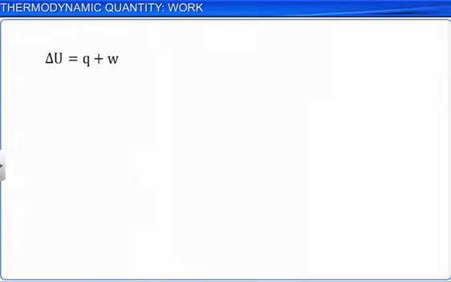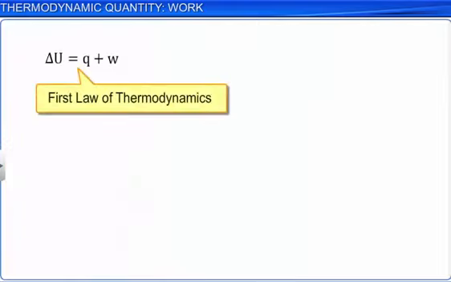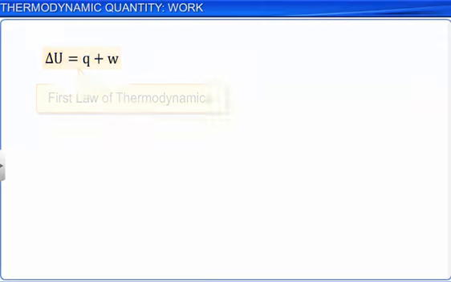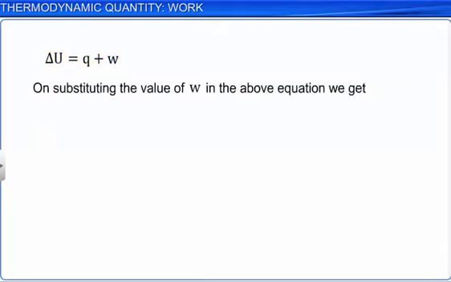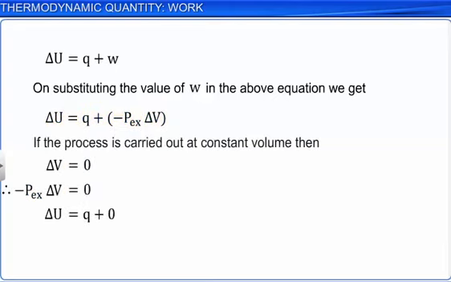We know that according to the first law of thermodynamics, the change in internal energy is represented as delta U equals Q plus W. On substituting the value of W in the above equation, we get delta U equals Q plus or minus Pex multiplied by delta V. If the process is carried out at constant volume, delta V is 0.